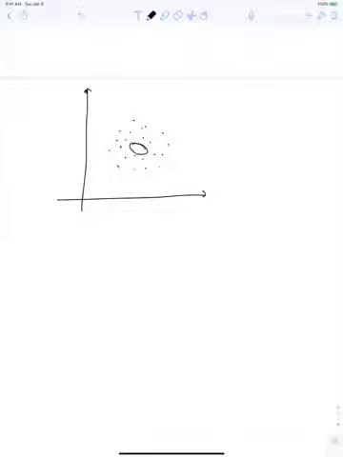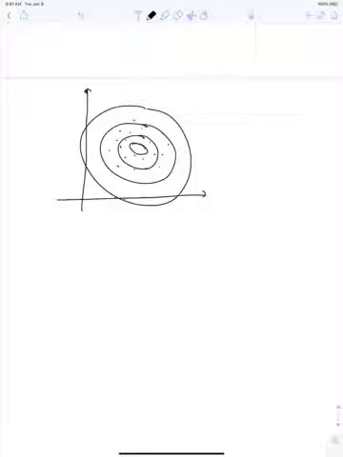I'm going to draw a bunch of different cases. I'm going to draw some random samples, and then I'm going to draw the joint distribution using contour plots. So if I have a bunch of data like this, and I try to fit a joint distribution, this is approximately how the contours will look.